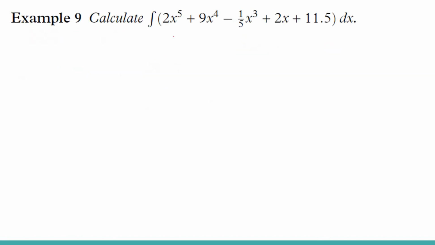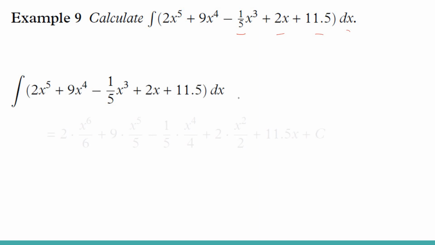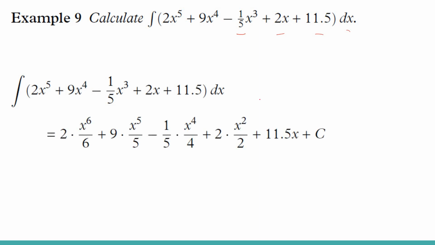Another example. Calculate the integral of 2x raised to the power of 5 plus 9x raised to the power of 4 minus 1/5 x cubed plus 2x plus 11.5 with respect to x. So this one here is directly integrated.